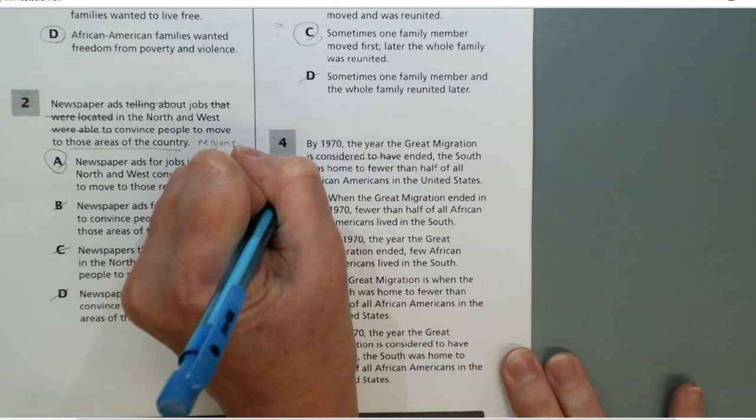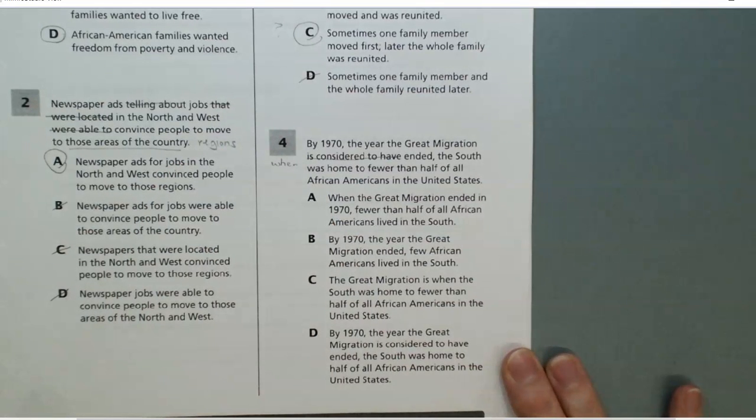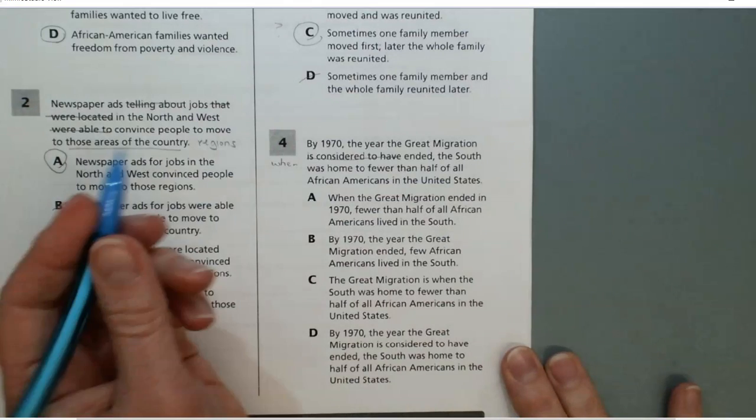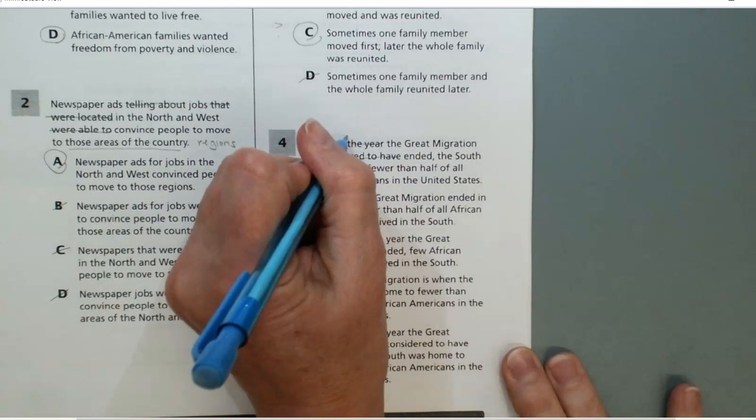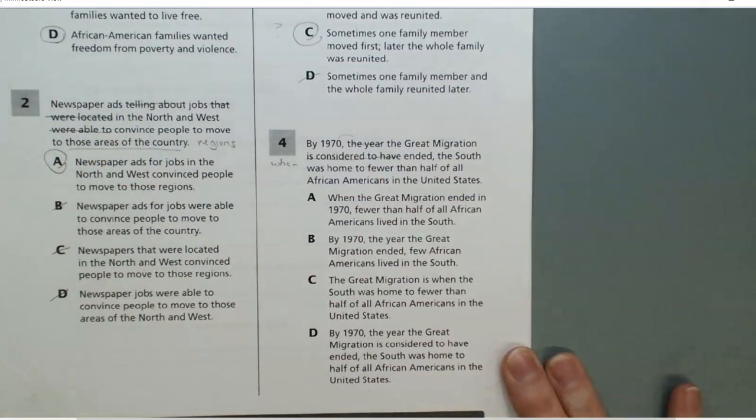And you don't have to put the year the Great Migration ended because 1970 is the year. You don't need that, so you could take that out. And then you could do when the Great Migration ended.